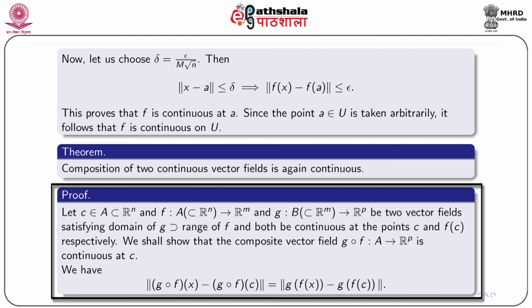Then the composite vector field G compose F is a vector field from A to Rp, and we have to prove that it is continuous at c.